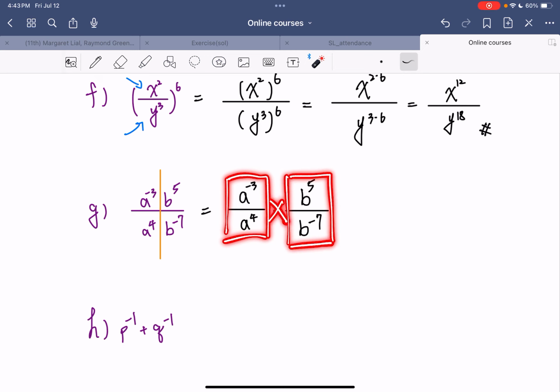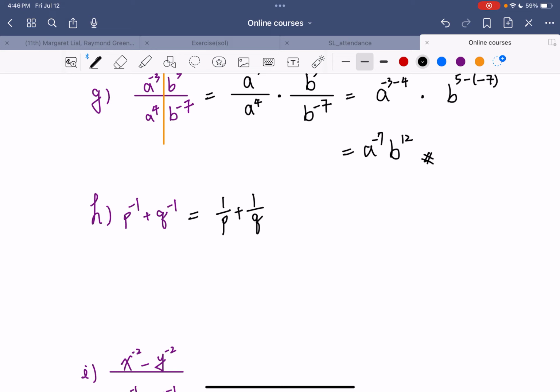So we're going to use this property. We can rewrite p with power of negative 1 into 1 over p, and q with power of negative 1 into 1 over q. And here, what we get is this, and then we can try to write them as one rational expression.